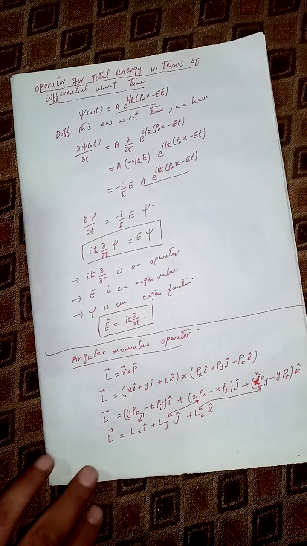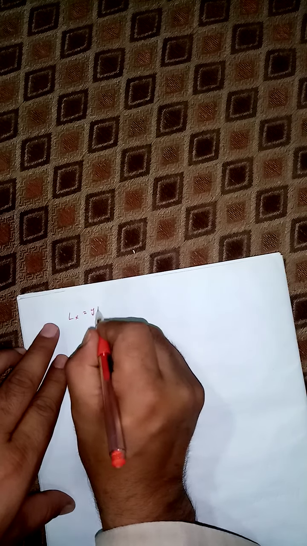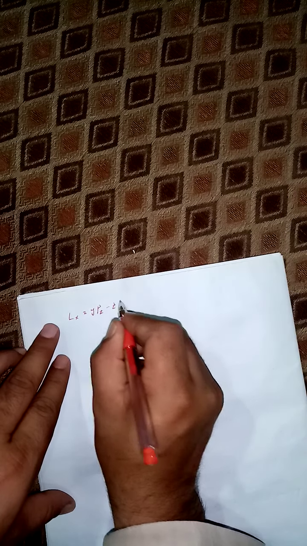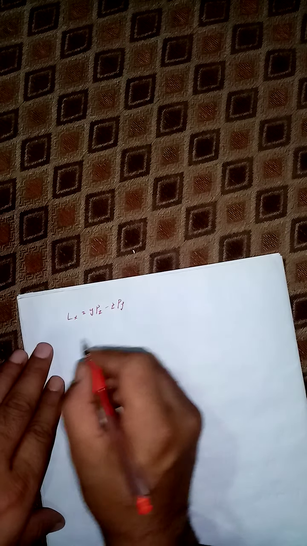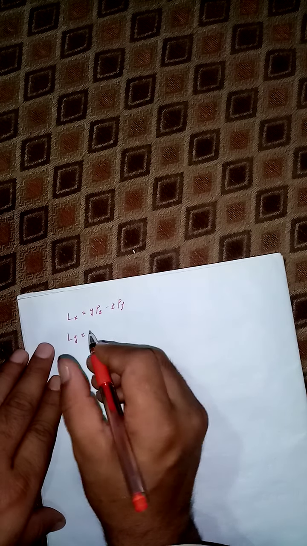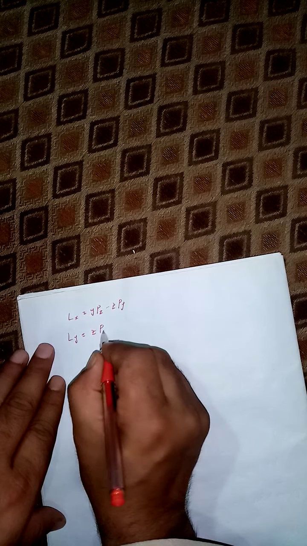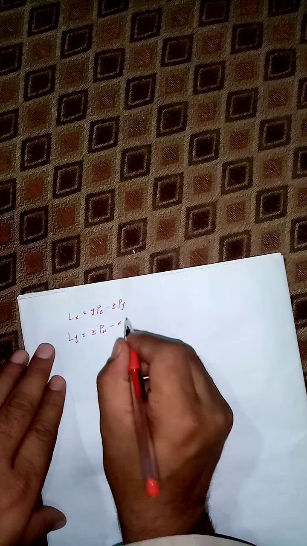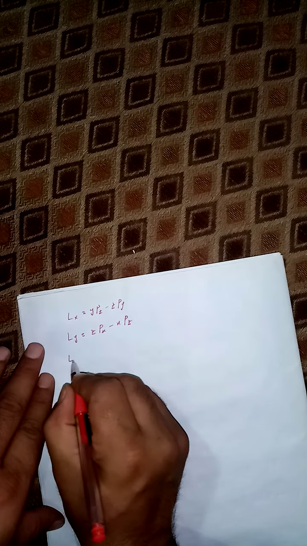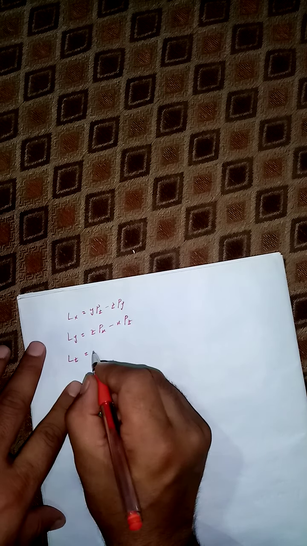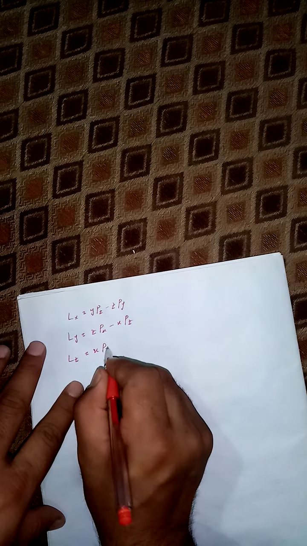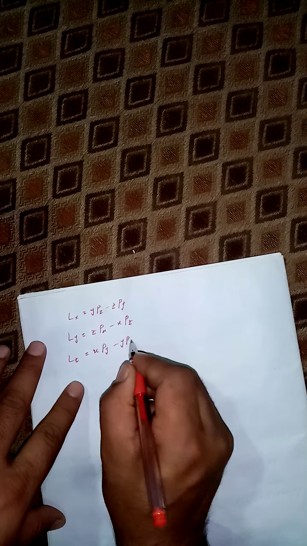So the x component of angular momentum is Lx equal to y p of z minus z p of y. The y component is z p of x minus x p of z, and the z component is x p of y minus y p of x.